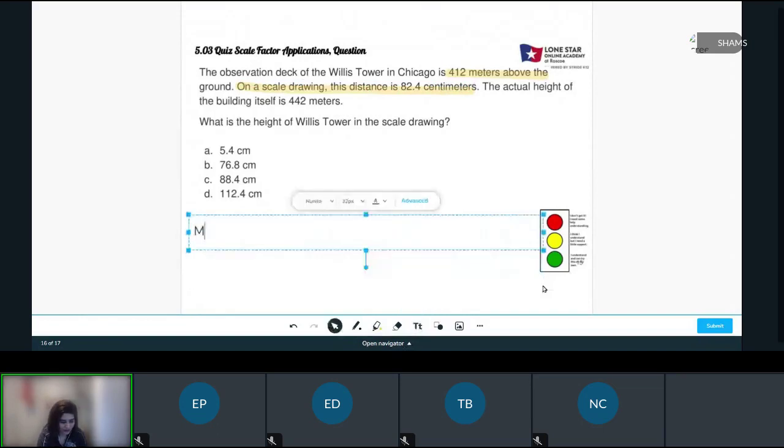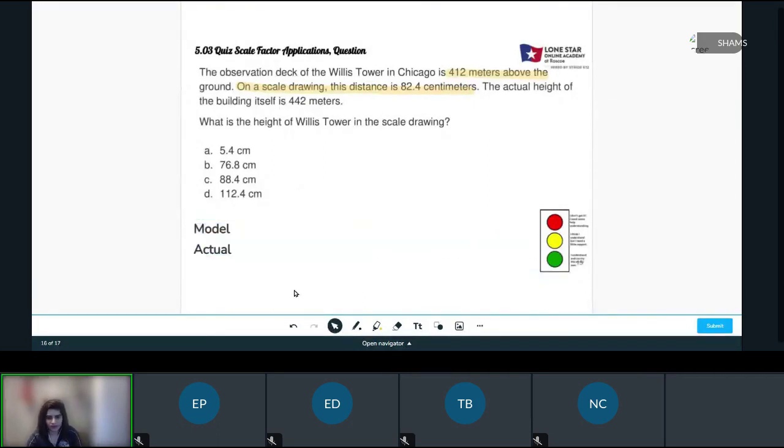I have the information about model to actual, and on the scale drawing, which means on the model, it is going to be 82.4.